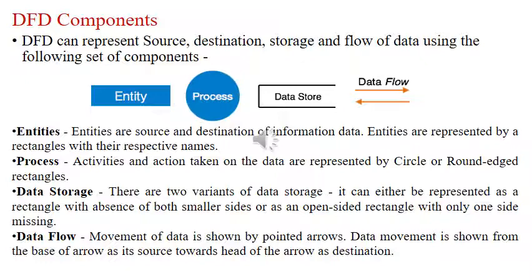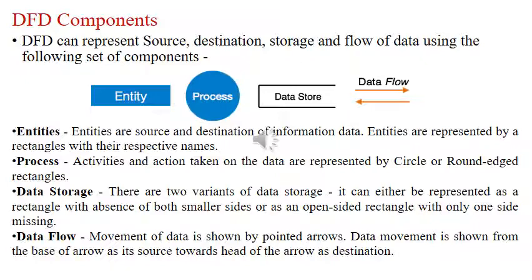It can either be represented as a rectangle with absence of both smaller sides or as an open-sided rectangle with only one side missing. So there are two types of representation of data storage. It depends upon what type of DFD graphical representation we are using.